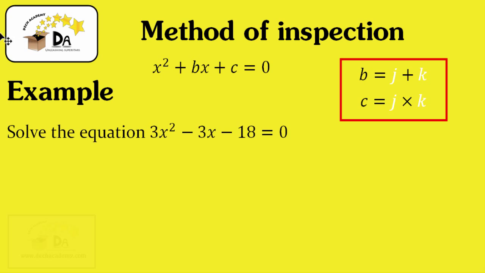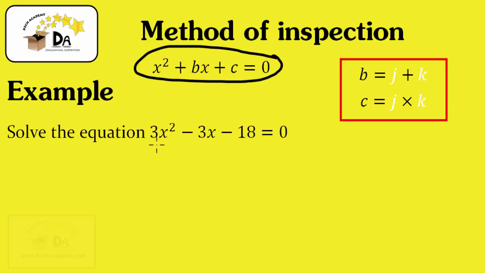Here's another example. This example says solve the equation 3x squared minus 3x minus 18 equals 0. Now we're going to use the method of inspection, but we know that the method of inspection can only apply to equations of this form, where you have a quadratic equation whose x squared term has a coefficient of 1. In our given equation, the x squared term has a coefficient of 3, which isn't 1.